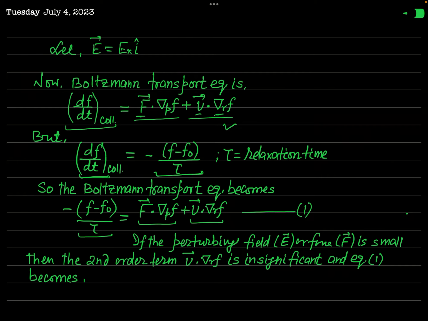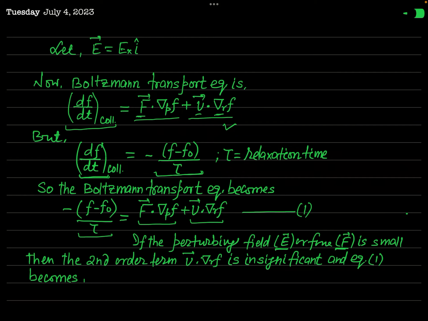Now in our present calculation, there is a certain limitation. We apply the external perturbing field E, or you can say the external perturbing force F, but we take this external perturbing field or force to be very weak. And when this perturbing field or force is very weak, the electron will be slightly displaced from its equilibrium position.